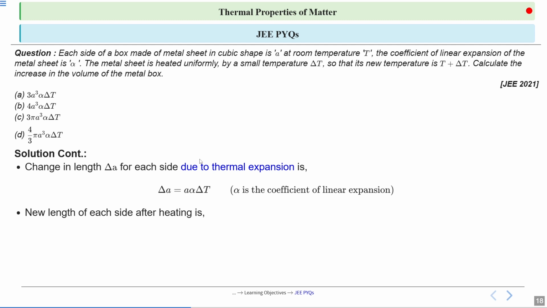Now the new length of each side after heating is A prime equal to A plus delta A. So here A is the old length and delta A is the change in length. So the new length becomes A plus delta A.